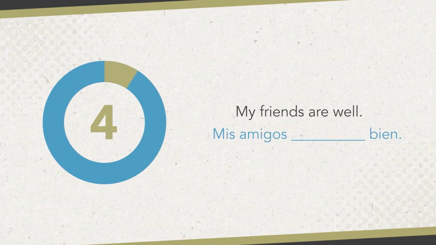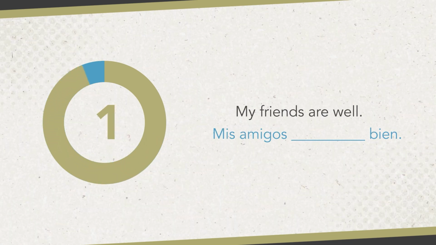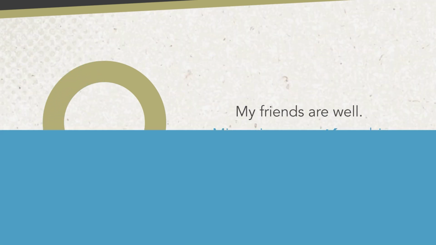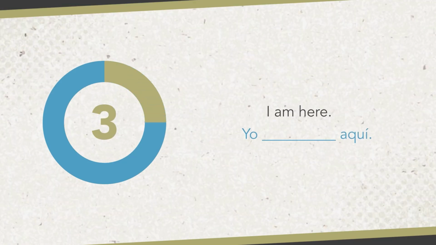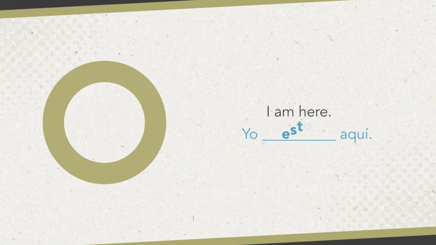All right, now you try using these. I'm going to give you some English sentences, and for each one, see if you can predict which form of estar to use. And I'm going to randomize the order a bit, so it's a little hard to choose. First of all, my friends are well. Mis amigos están bien. I am here. Yo estoy aquí.